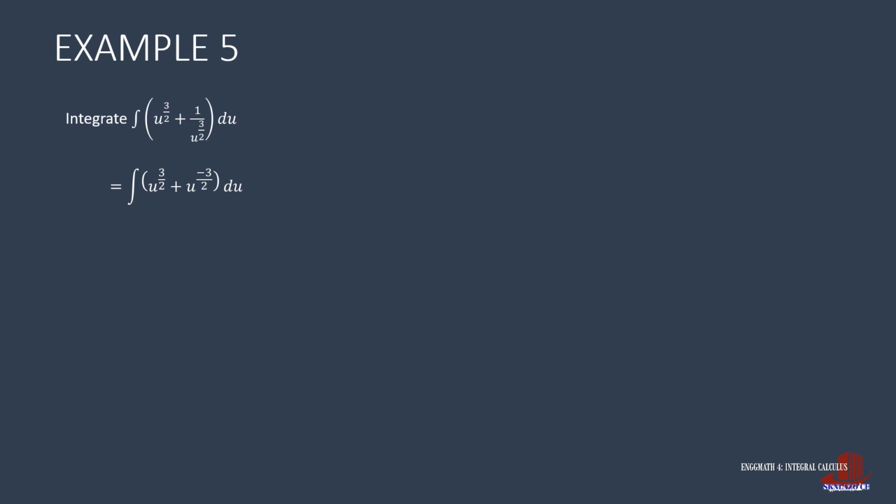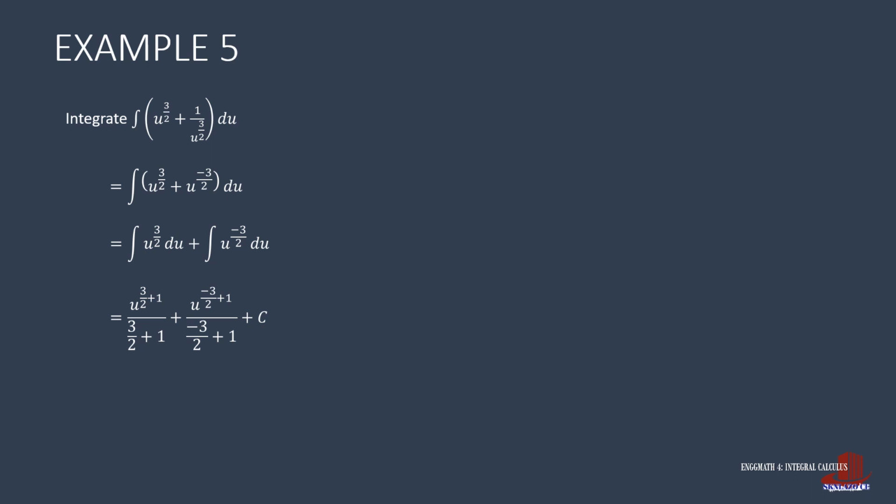Having a simple function, distribute the integrand among the terms, making two integrands, with u raised to 3/2 du and u raised to negative 3/2 du. Now proceed with the simple power formula and get u raised to 3/2 plus 1 over 3/2 plus 1, plus the other term, u raised to negative 3/2 plus 1 over negative 3/2 plus 1.